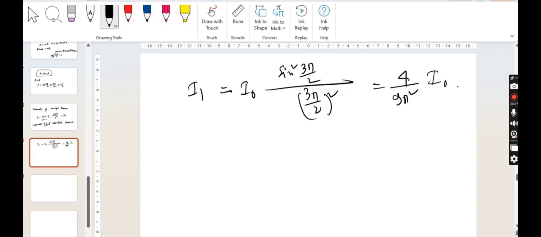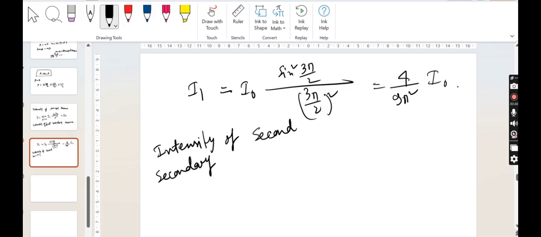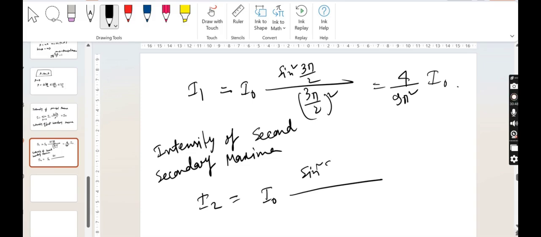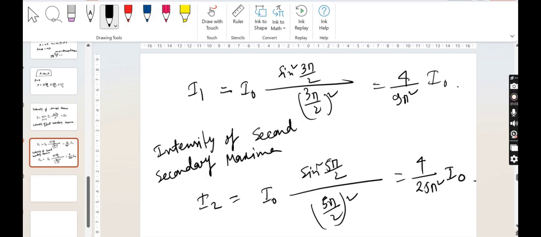And the intensity of the second maximum, I2, is I naught sine square 5 pi by 2 by 5 pi by 2, whole square, which is 4 by 25 pi square I naught. The secondary maxima are very feeble compared to the principal maximum, and their intensities diminish very rapidly with the increase in order number.